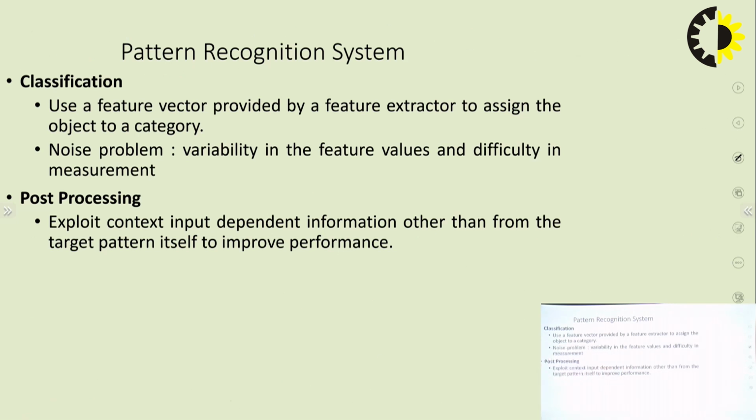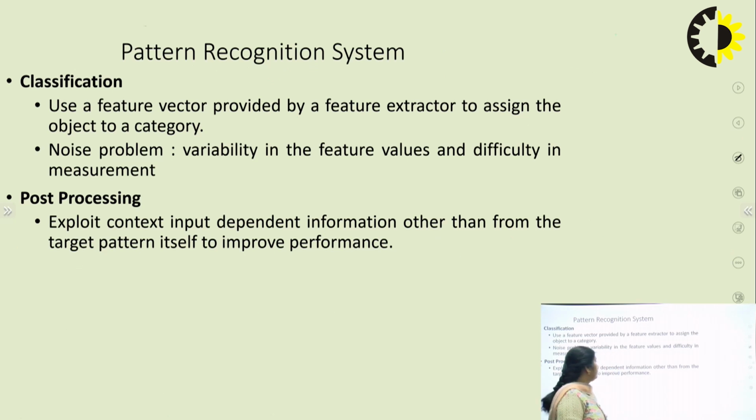And the last component of a pattern recognition system is post-processing. In post-processing, if we have some information about the context, that context input dependent information we can use to improve the performance.